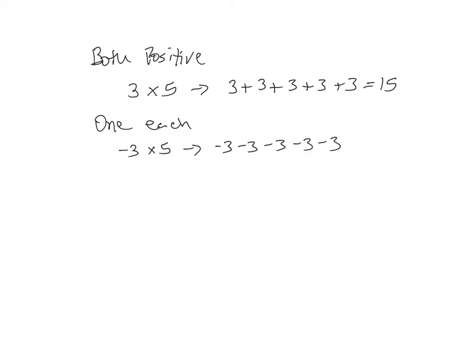So, you know what? I'm going to write that a little different. Let me erase that. So if I did negative 3 plus negative 3 plus negative 3, until I'm all the way done, so 5 times.